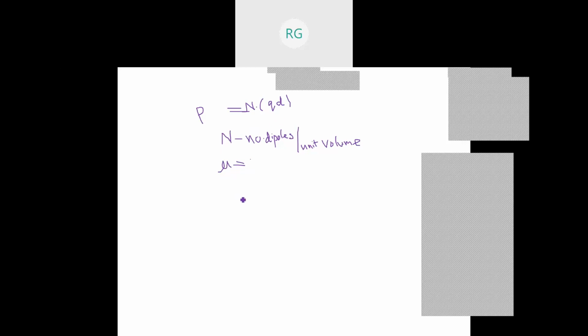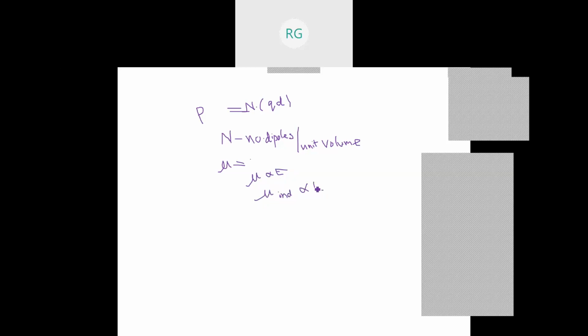But the dipoles that are orienting in the direction of the applied electric field are directly proportional to the field which we are applying. Thereby I write the induced dipole moment, mu induced, proportional to the electric field.